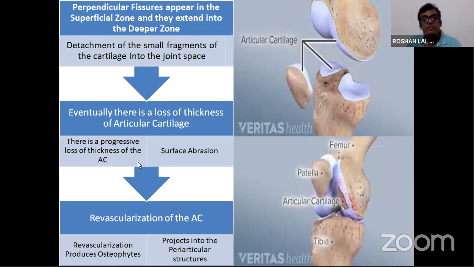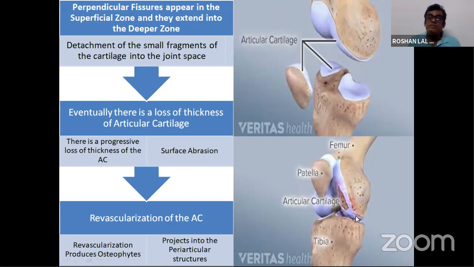There is progressive loss of thickness of the articular cartilage, and there is a defensive mechanism in the body. Because of this, there is revascularization of the peripheral part of the cartilage, which does not transfer the weight.